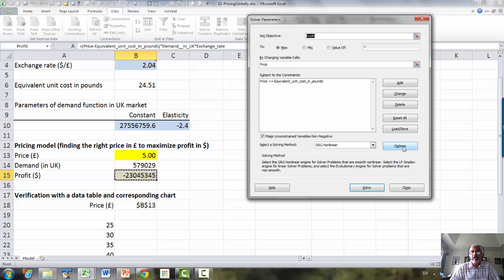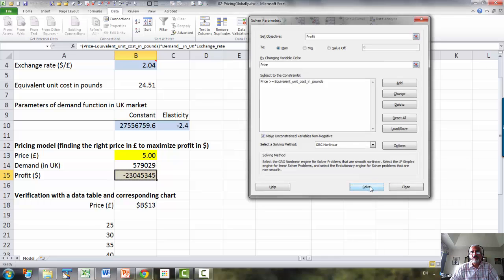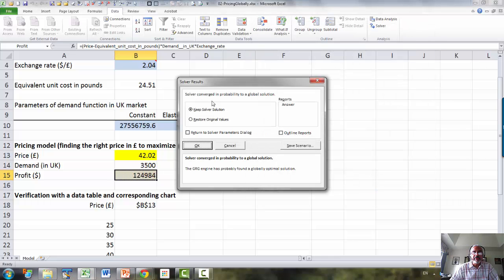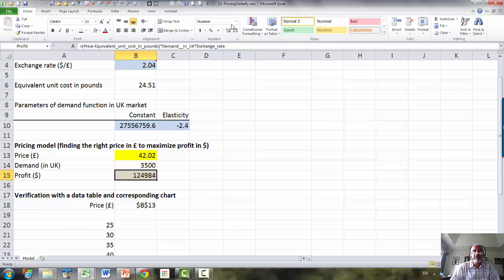Okay, now we go into options, go to GRG nonlinear, uncheck this and check that. Okay, now solve. So we have a global solution, converge to a global solution. So here is the price that we need to charge in UK, and that will be the demand, and this will be the profit in dollars for us.